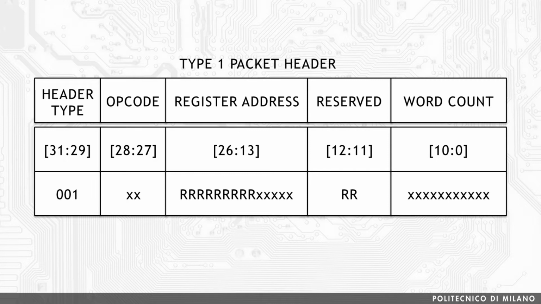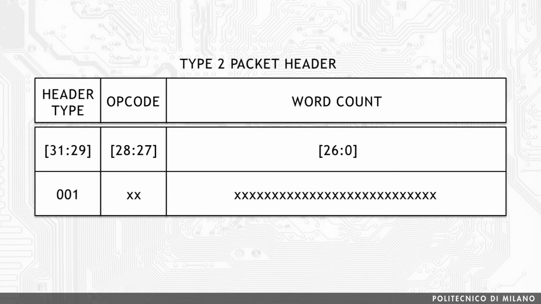It is worth mentioning that X is used to identify a binary digit which is actually used and contains important information, while R stands for a bit which is not used and reserved for future use. Within this context, the reserved bits should all be set to zeros.